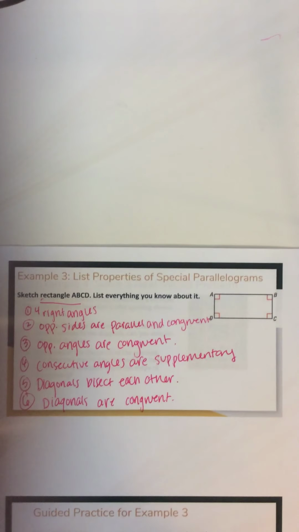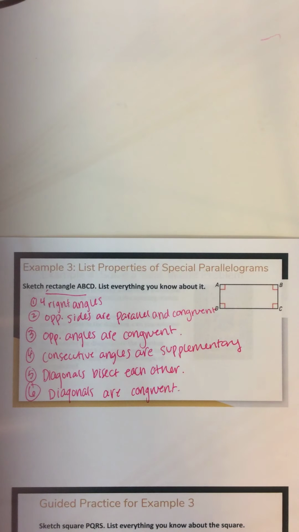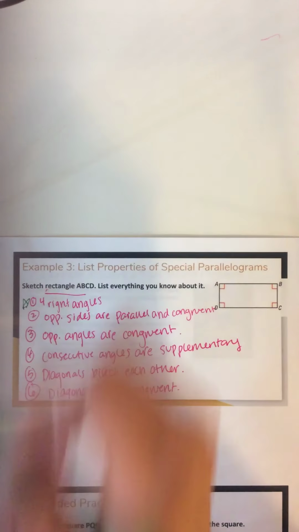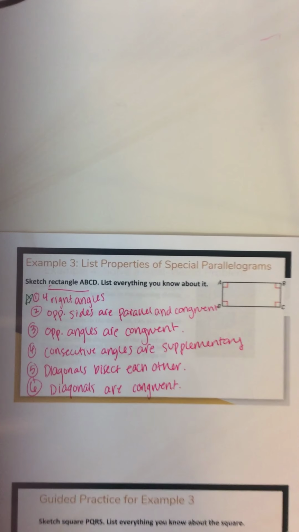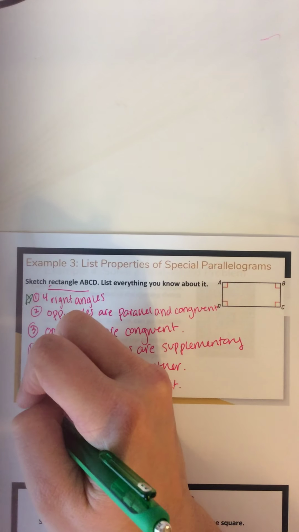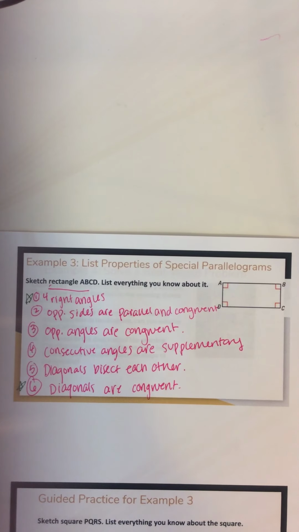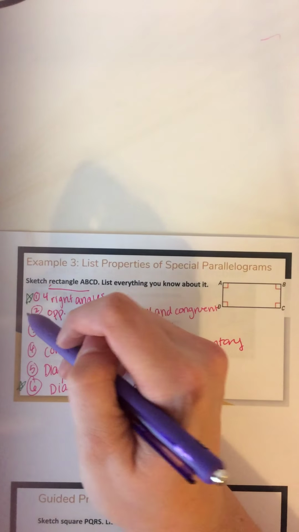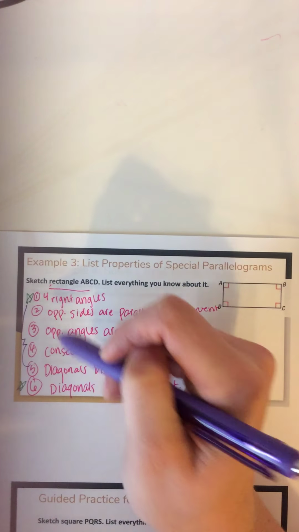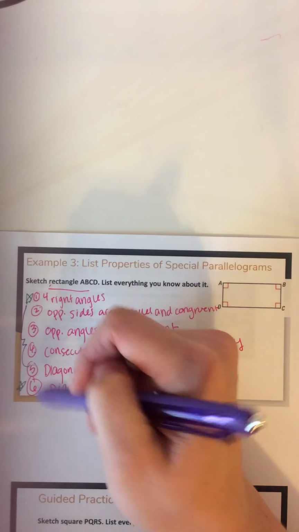So looking at this list I just created here, specific to rectangles, we have this 4 right angles. That's very specific to a rectangle, only happens in a rectangle. And we have this diagonals are congruent, right? That's also very, very specific to a rectangle. And then when it comes to a parallelogram, all these other ones are just the theorems we talked about.